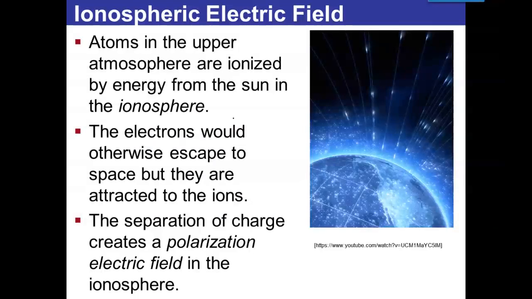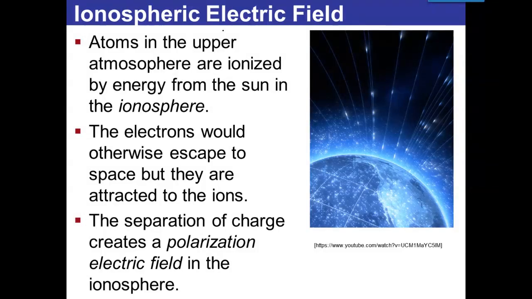Okay, so let's take an example problem here. I want to talk a little bit about the so-called ionospheric electric field. This is an interesting phenomenon. On our planet, there's an atmosphere that surrounds the planet, which is basically gas, attracted to the planet by gravity.